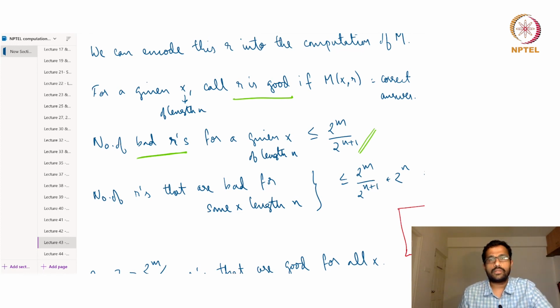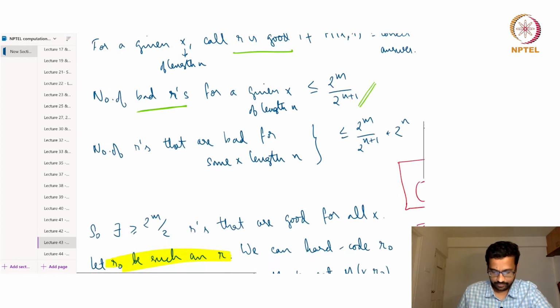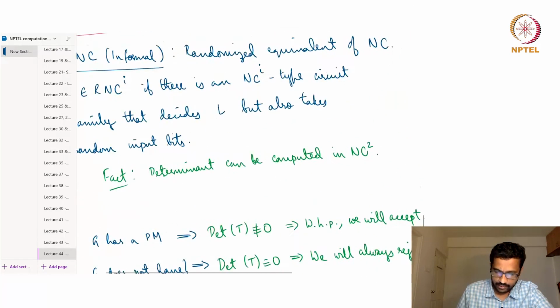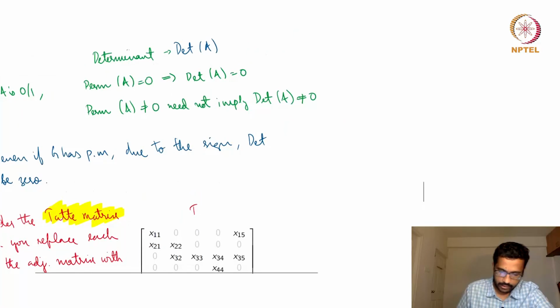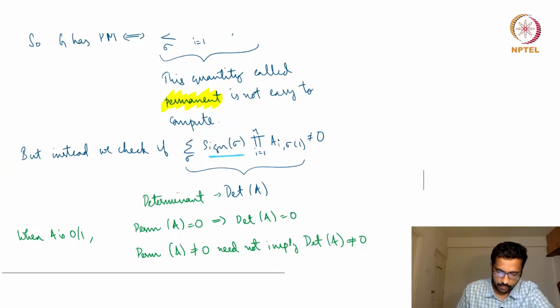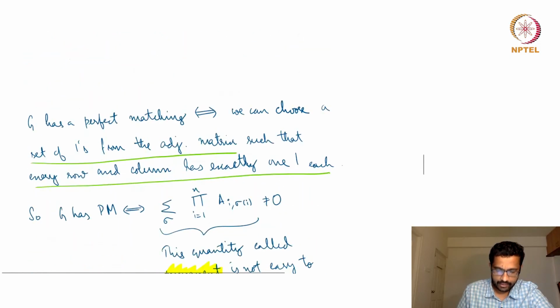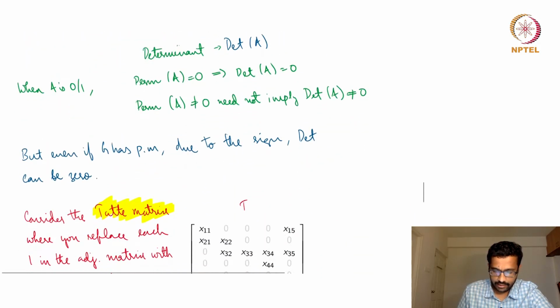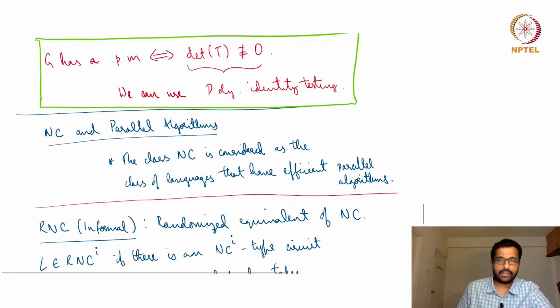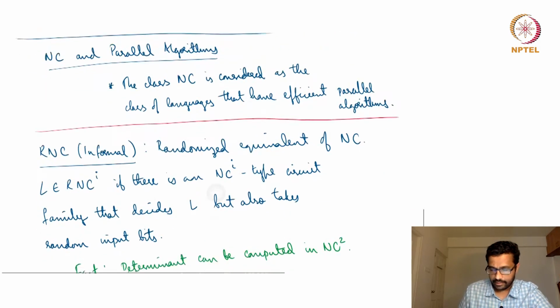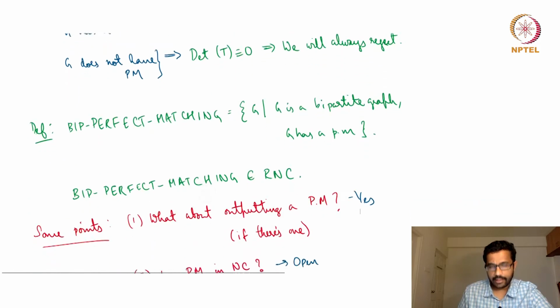If you hard code that, you get one circuit for all the inputs of a certain length, without any randomness. This is Adleman's theorem. And then in this lecture, we saw polynomial identity testing and how it applies to bipartite matching, and finally that perfect matching in bipartite graphs is in the randomized NC class.